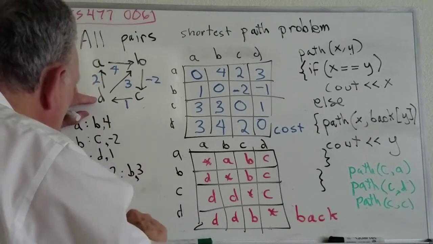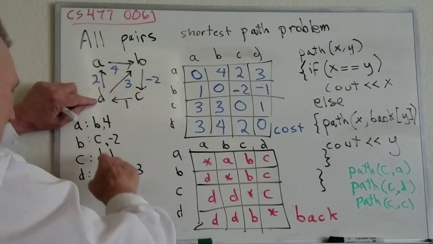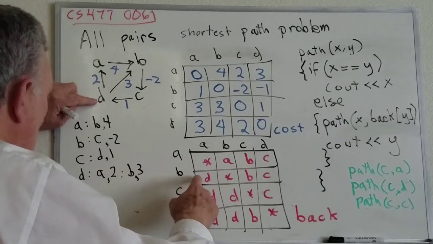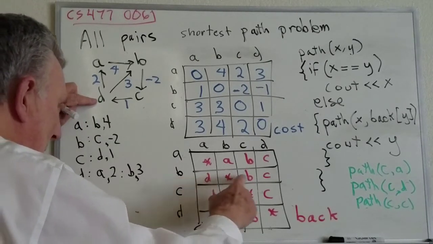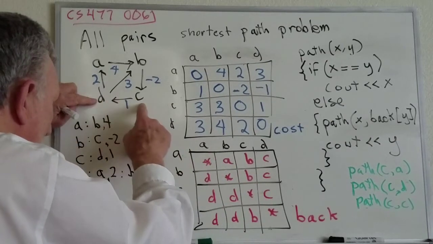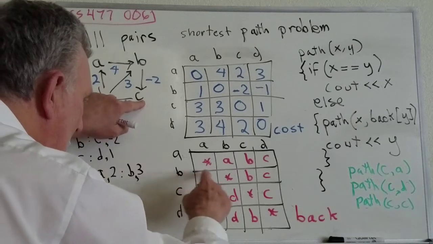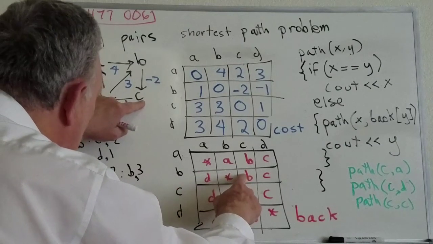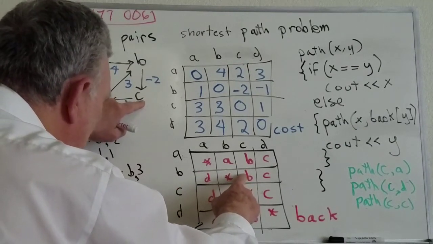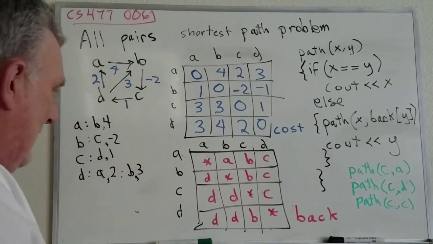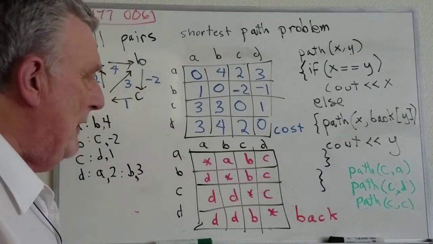In order to finish the path from B to D, we have to look at the path from B to D, and the last one is a C. And the path from B to C, we see the back pointer is B. So the next question is the path from B to B, and the answer is that's the trivial path B.